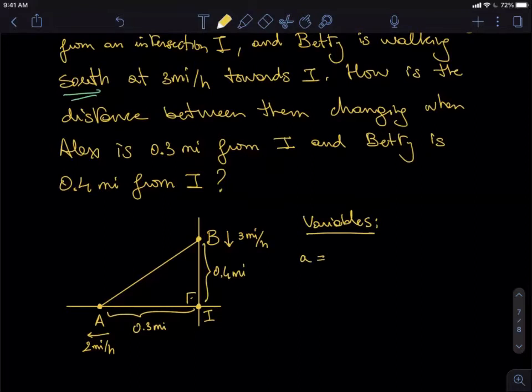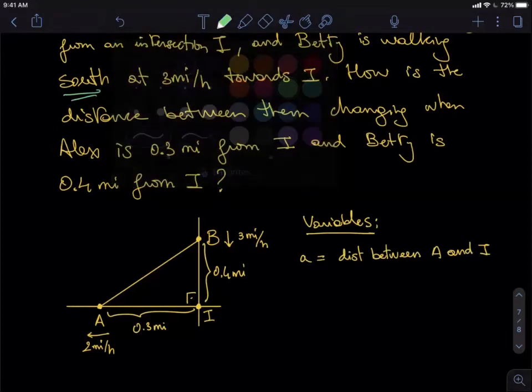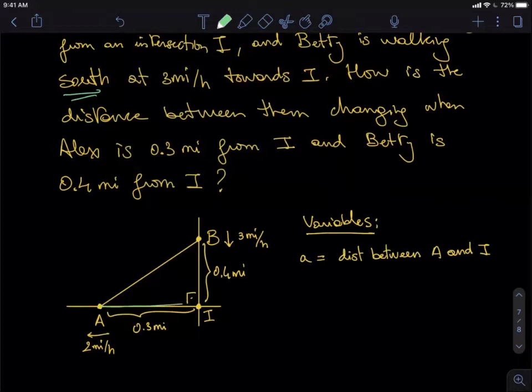So I will call a, lowercase a, the distance between Alex and the intersection. So my a is this distance here. And then b is going to be the distance between Betty and the intersection. And then we need one more variable because this is asking how the distance between them is changing.